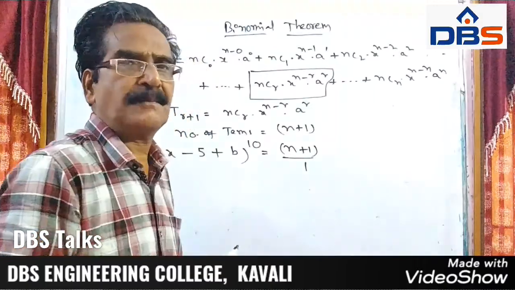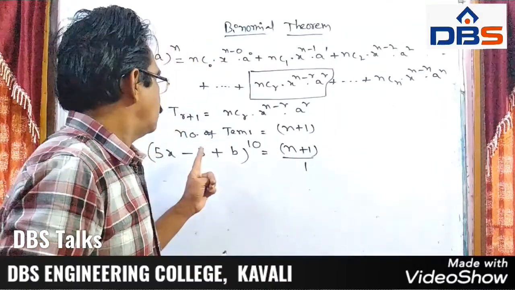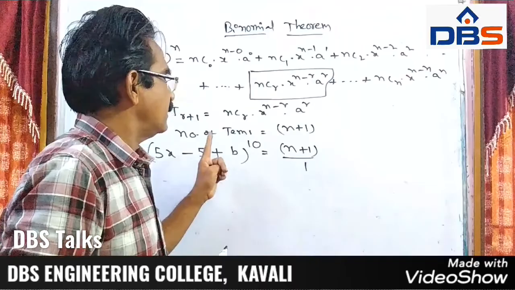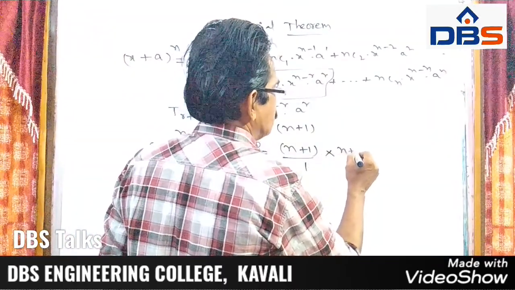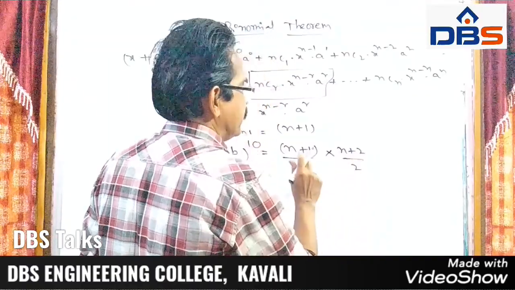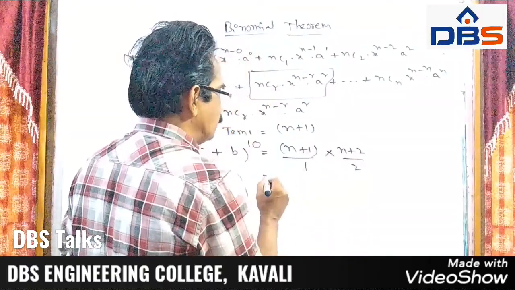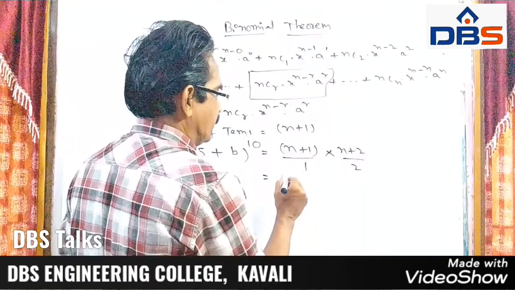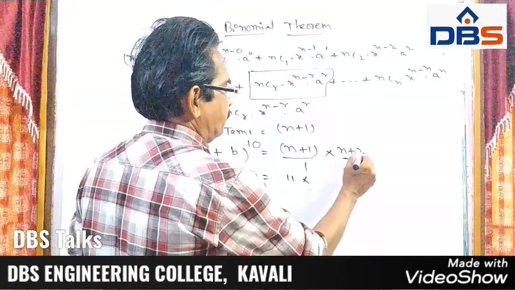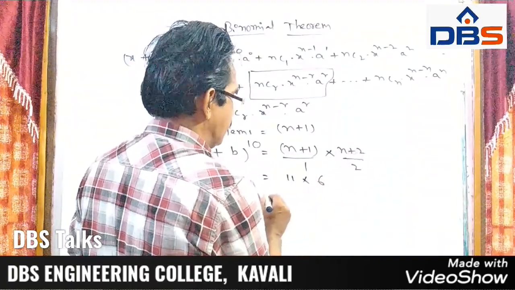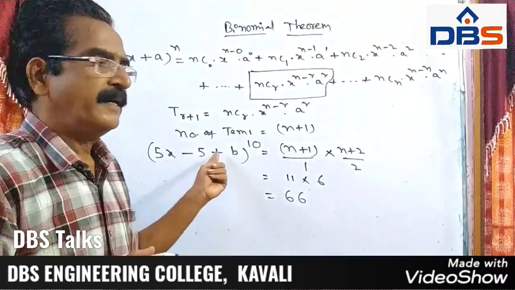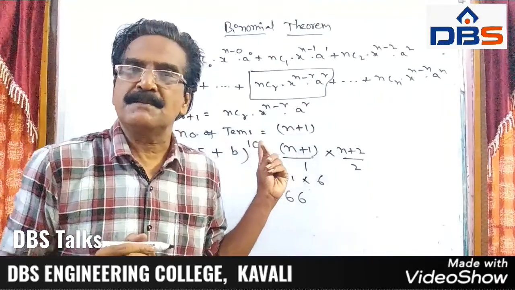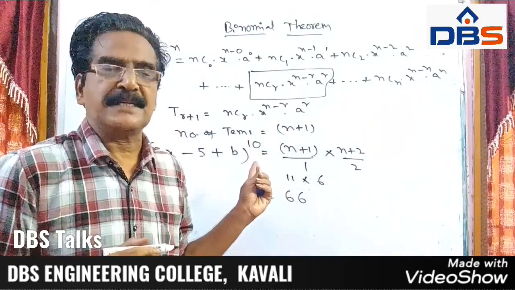For the third term we have to do like this: n plus 2 by 2. Here add 1, here add 1. So this is equal to 10 plus 1, 11, into 10 plus 2, 12 by 2, 6. 11 6s are 66 terms will be there in this expansion.